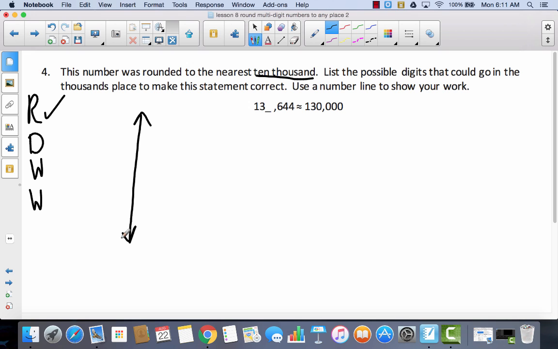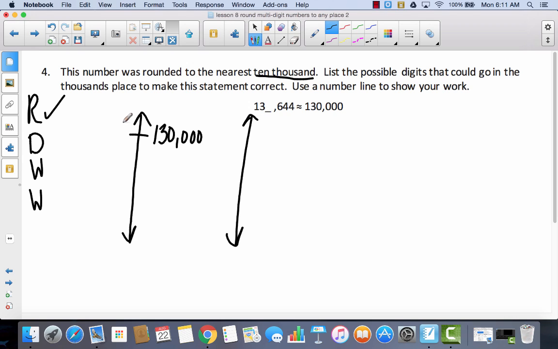Okay, so when I round a number, the number line could look like two different numbers, right? Because I could have 130,000 as my greatest 10,000. So this number could be, well, actually I couldn't, because could this number be less than 130,000? There's no way.